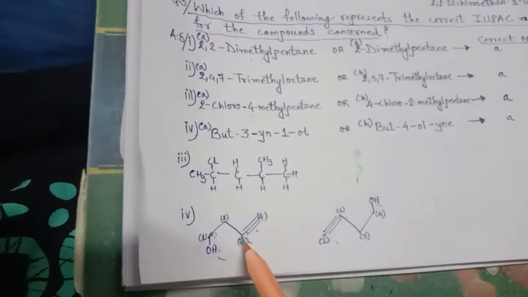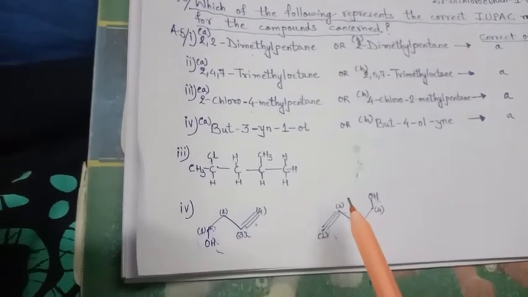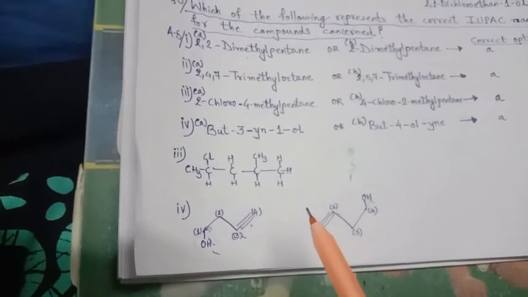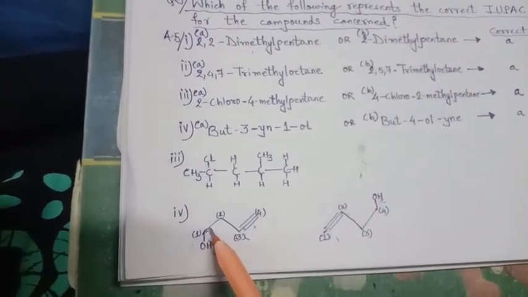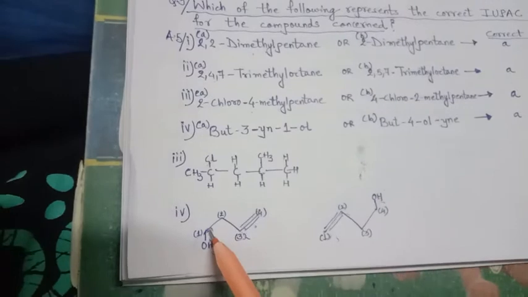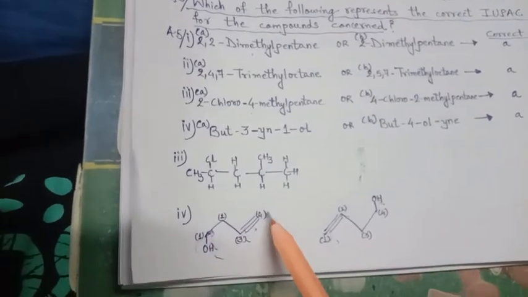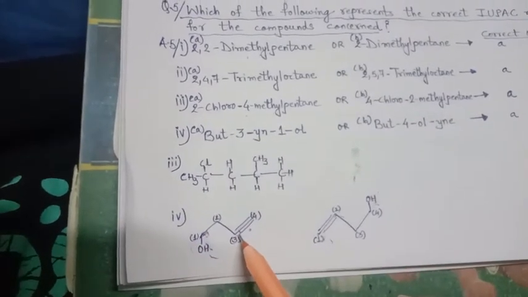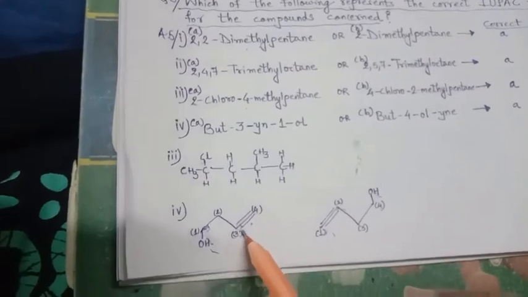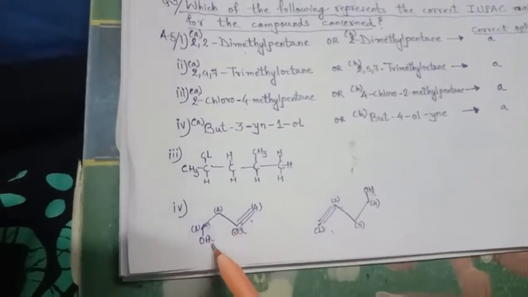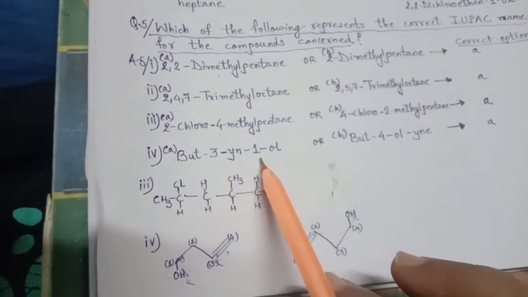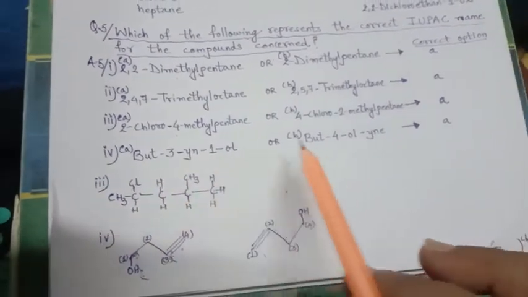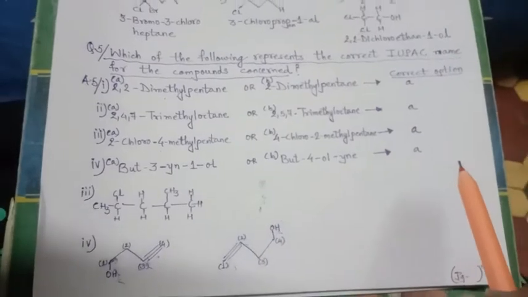I have given the order of the functional groups, which will come first, which will come next and next, right? So here the carbon where OH is attached will be first. So 1, 2, 3, 4. So on the third carbon triple bond. So but-3-yne, on first alcohol 1-ol. But-3-yn-1-ol. So here also option A is the correct option.